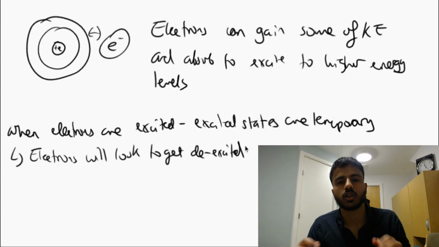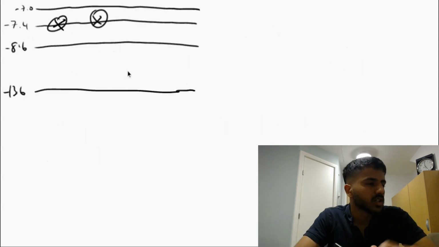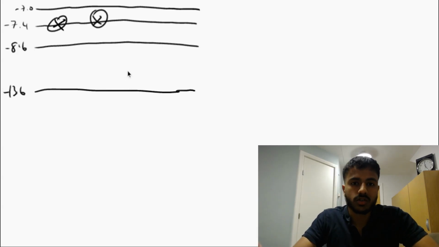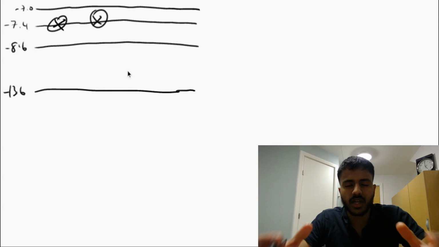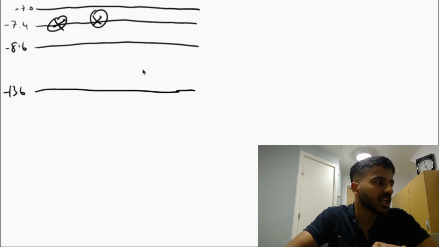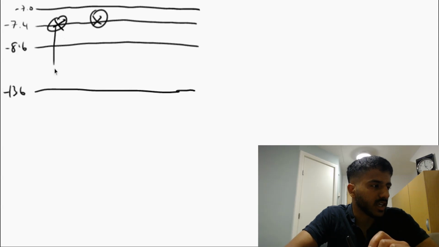So they'll always try to return to lower energy levels. So let's say I have a couple of electrons in the second energy level here, and they have been excited from one of the previous ways, either by absorbing a photon or through a collision of charged particles. As I said before, this state is temporary. So these electrons are always going to try to get de-excited.